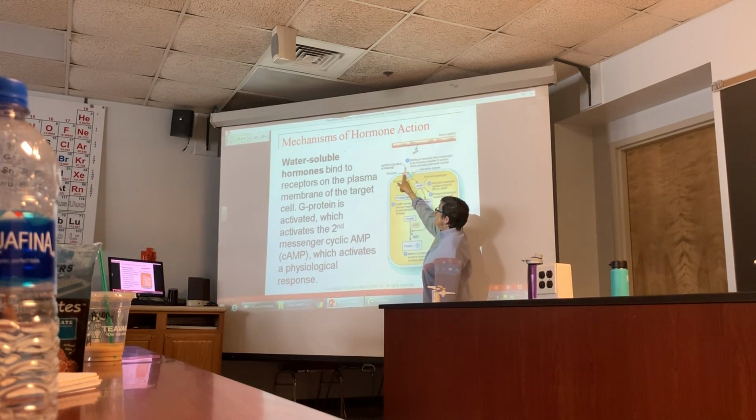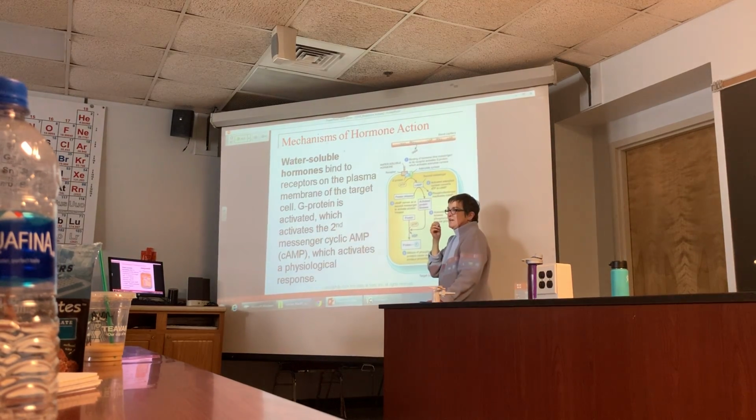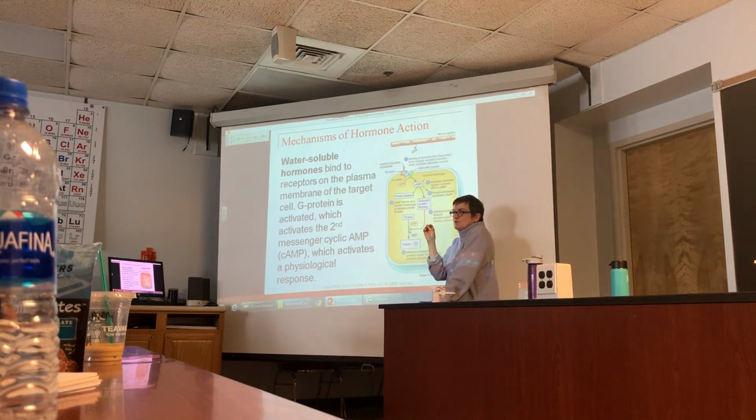But once the hormone binds to its receptor, that activates a G protein. There are those G proteins again. Remember that some sensory neurons, like some of your taste receptor cells, are what they call G protein coupled.